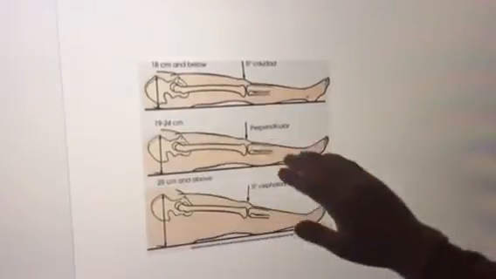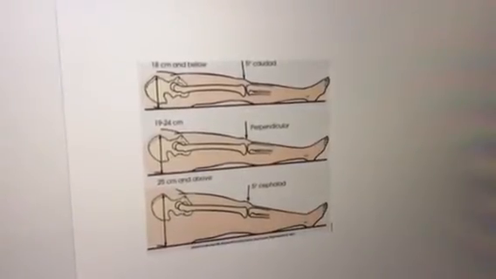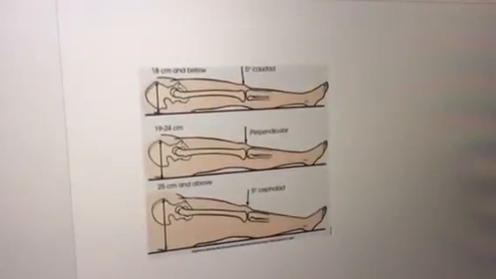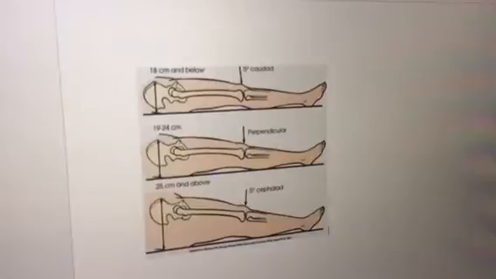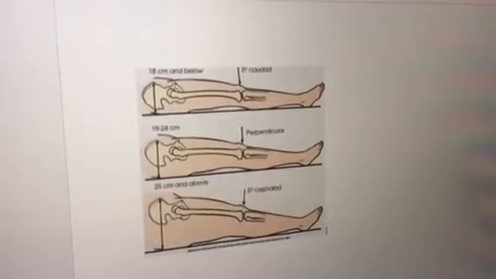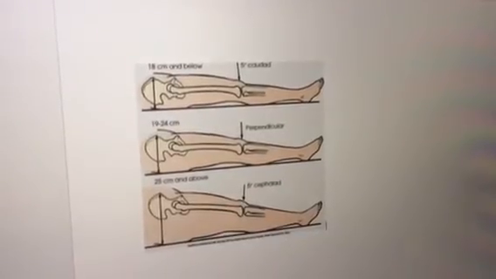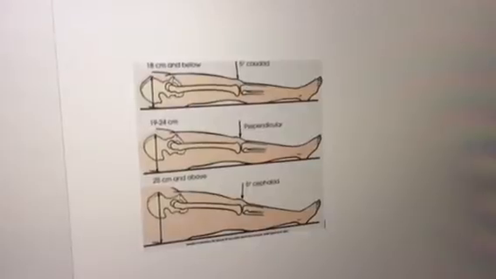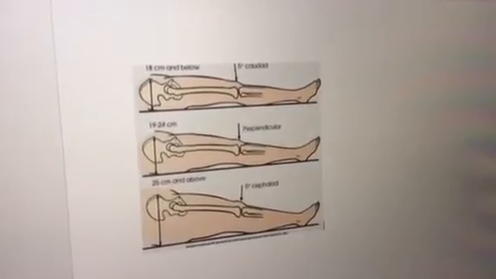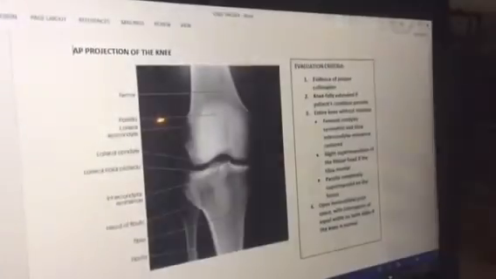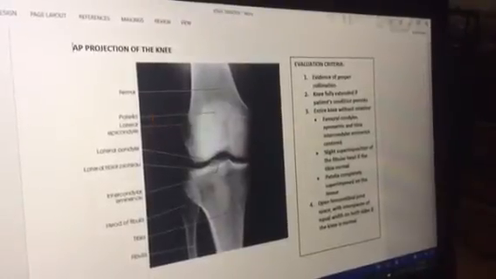This is more the normal sized adult patient, 19 to 24 centimeters, and therefore Merrill suggests a perpendicular tube angle. For a heavier set patient with a 25 centimeter and above measurement from the ASIS to the tabletop, a 5-degree cephalad tube angle is recommended. However, we did use a 5-degree cephalad tube angle for all of our projections, as these do vary from clinical site to clinical site.